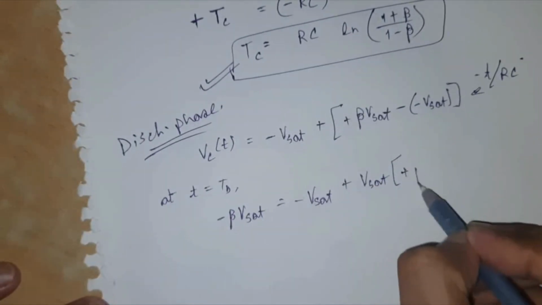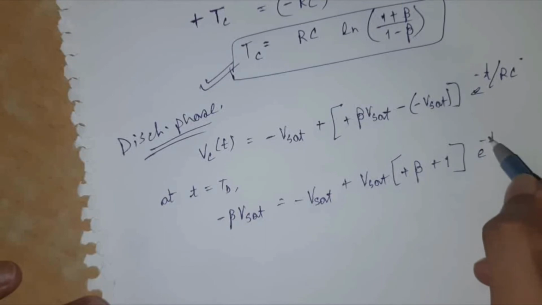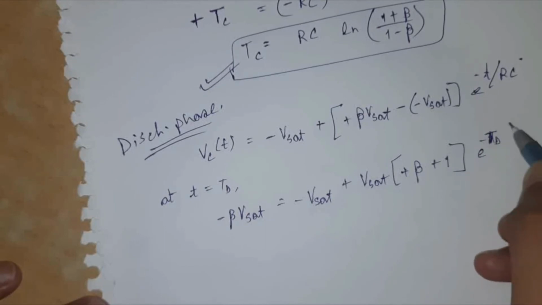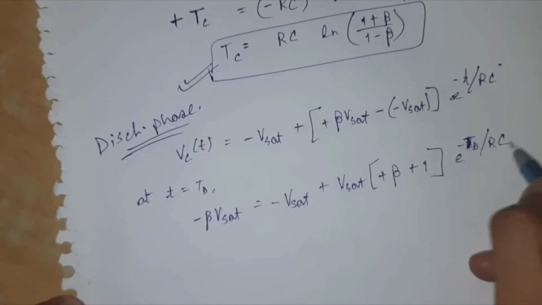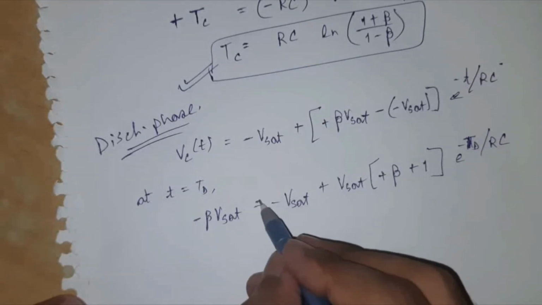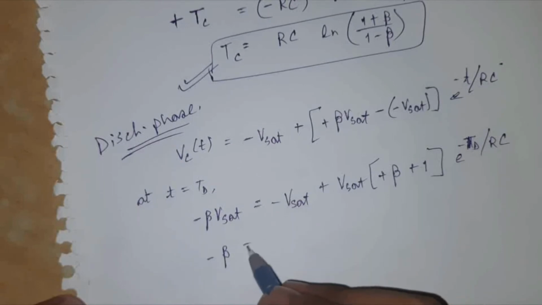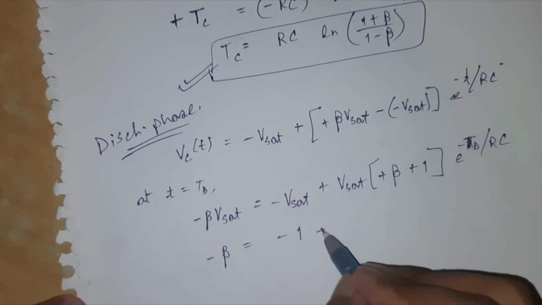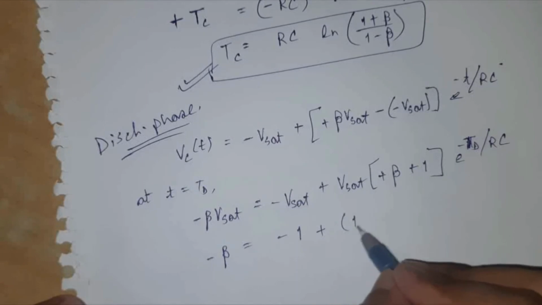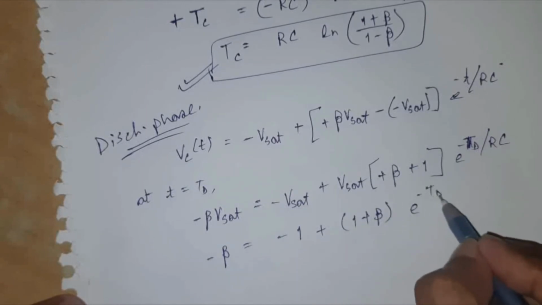Plus beta, and this is plus 1, times e to the power minus Td by RC. This Vsat just cancels out on both the sides, so it will be minus beta, and then this is minus (1 plus beta) e to the power minus Td by RC.